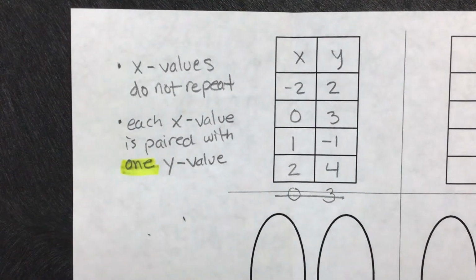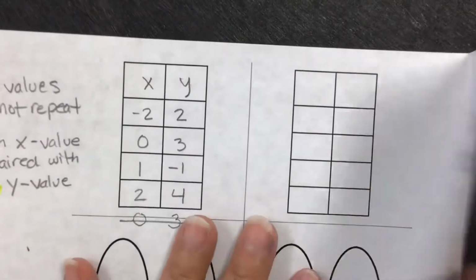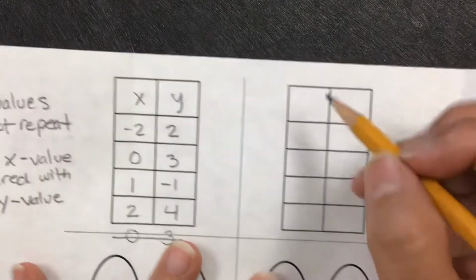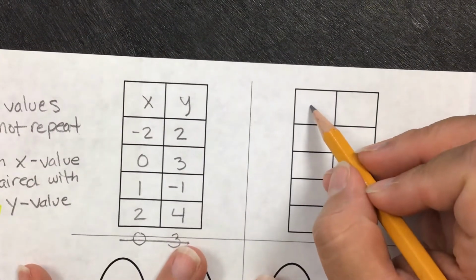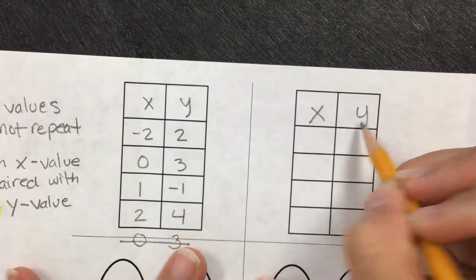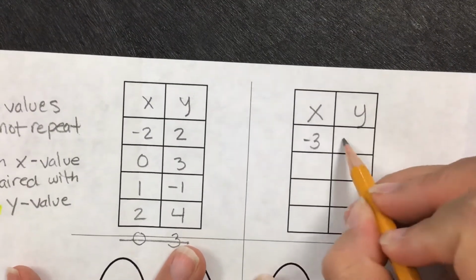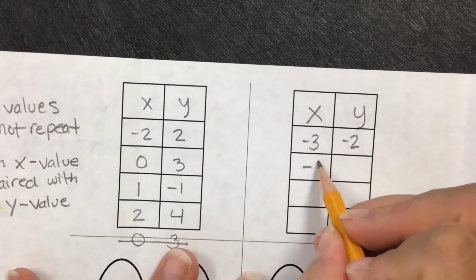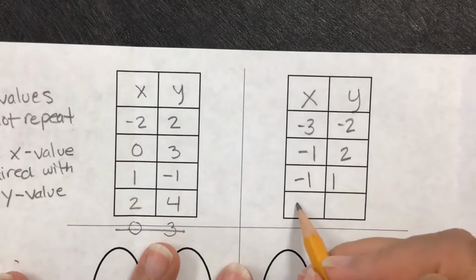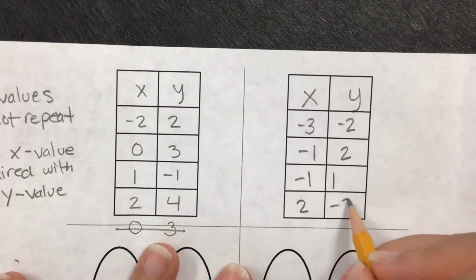So on the table, what's not a function? On the table, not a function is when we have x values that do repeat. So let's write a table. These are your x and your y values. I have -3, -2, -1, 2, -1, 1, 2, -3.